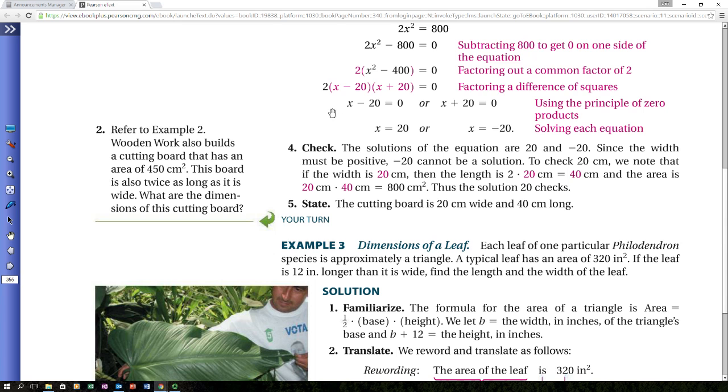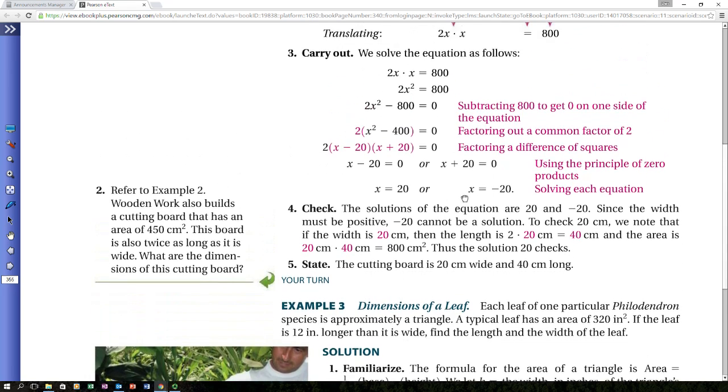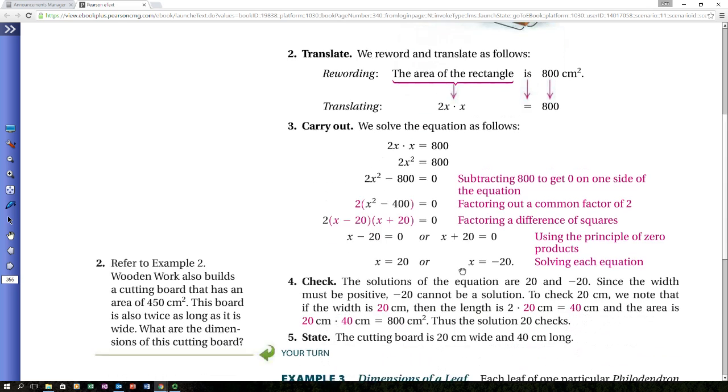And it's no. Well, then for this product to be equal to 0, these factors have to be equal to 0, or one of the other has to be. So I solve for that. I get 20 and negative 20. So I have 2 solutions to this, is what it's looking like.